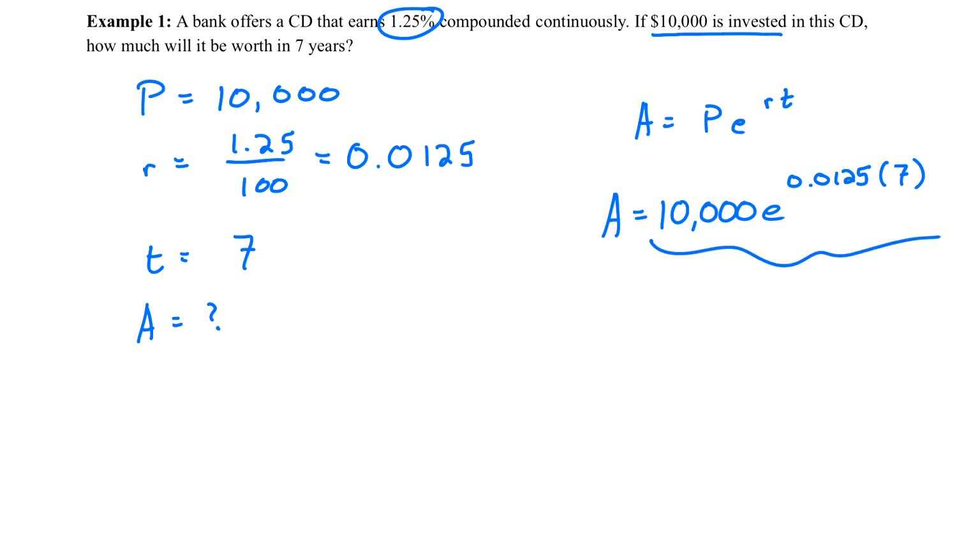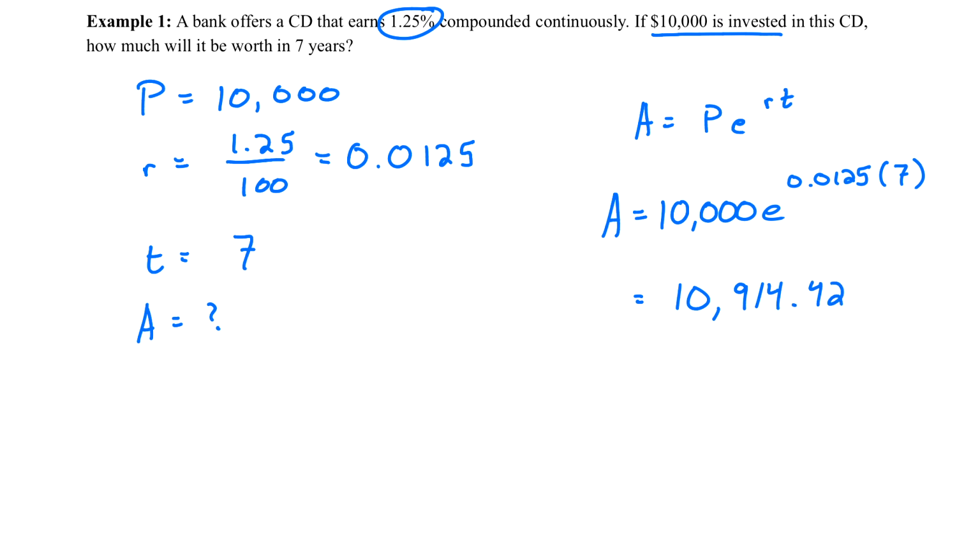But we can just plug all this into our calculator. If you want to break it up into smaller steps, you could maybe evaluate the power first and then plug that in. But I'm just going to go ahead and plug all of this into my calculator. Here I've got 10,000 times e to the 0.0125 times 7 power, and I ended up with $10,914 and 42 cents.